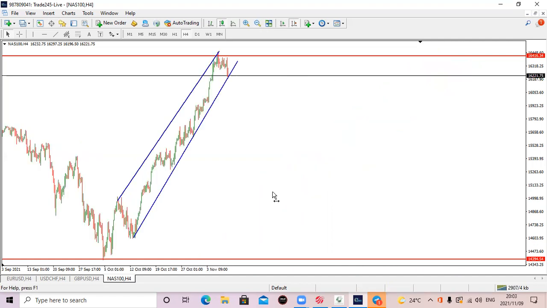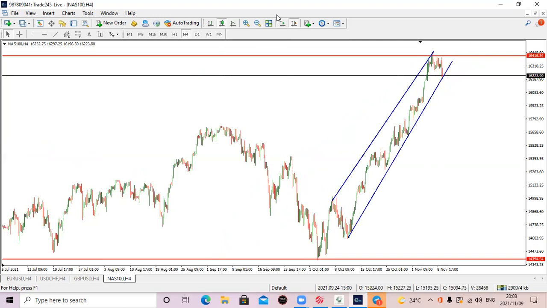remember, before that we had a downtrend structure, whereby we had something like this.